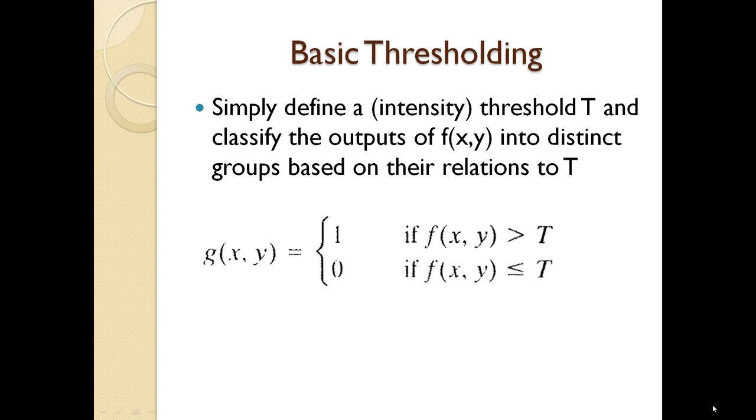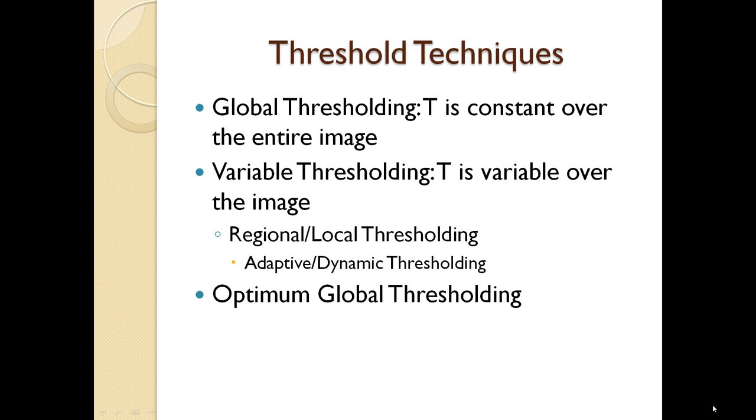The optimal threshold found through optimum global thresholding serves to minimize the error. And I will later in this video go over Otsu's method to help find that optimal threshold.